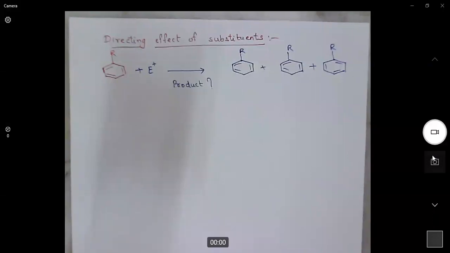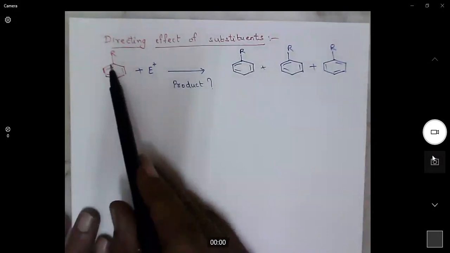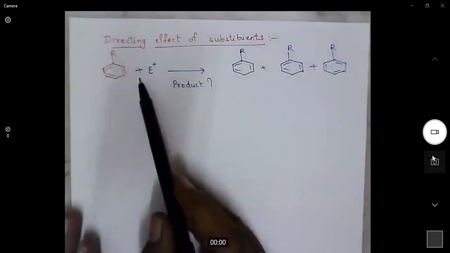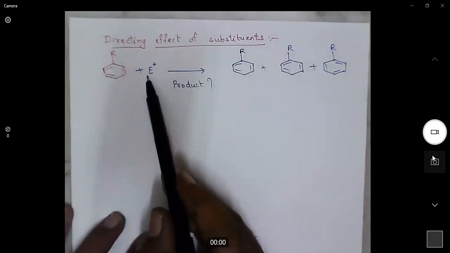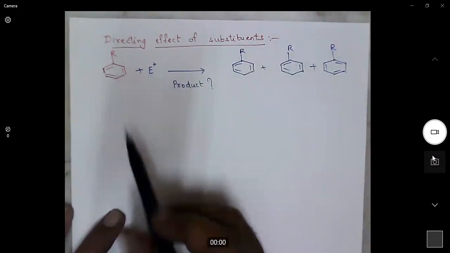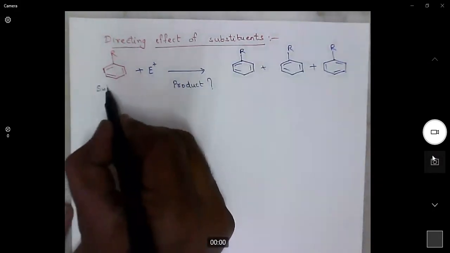When a substituent is already there on benzene ring and we are trying to do an aromatic electrophilic substitution reaction on this benzene ring, this is called substituted benzene.